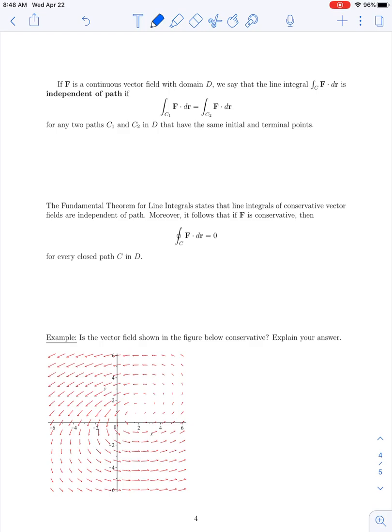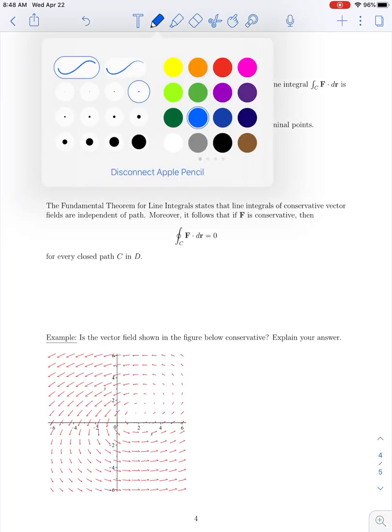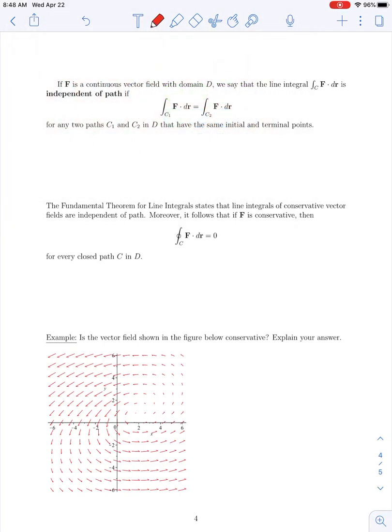To describe that property of conservative vector fields, we can introduce a little terminology here. So here's what we have.